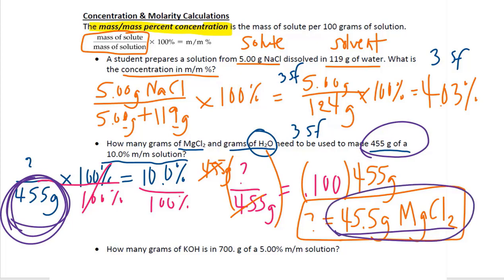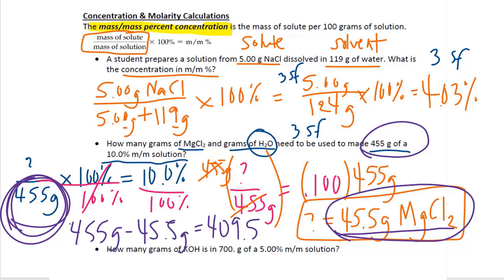And I know that this was the solute that was put into the water. 455 grams minus 45.5 grams should be equal to 409.5 grams. But we do need to make sure that, when we are following subtraction rules, we are to the ones here, to the tenths there, so we only can be significant to the ones, which means this 409.5 is going to round up to 410 grams.